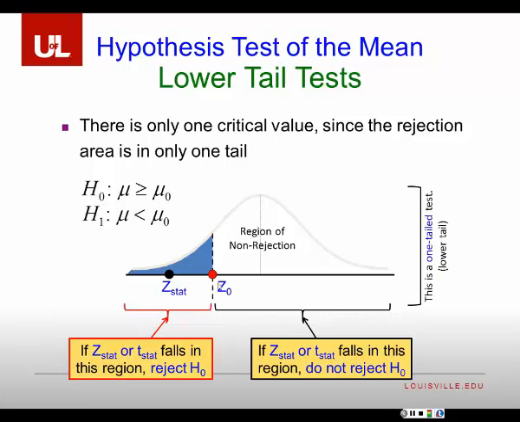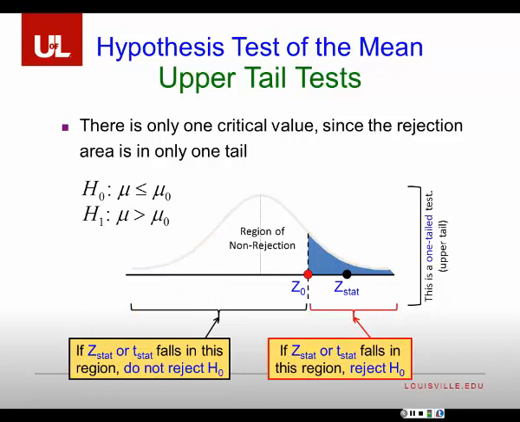The rules still apply. If our observed z-stat is past the critical value, we reject the null hypothesis, and if it's not, then we fail to reject the null hypothesis. If we do our one-tailed test going in the opposite direction, then again we want to reject if it falls in the rejection region, and fail to reject if it falls in the white region.